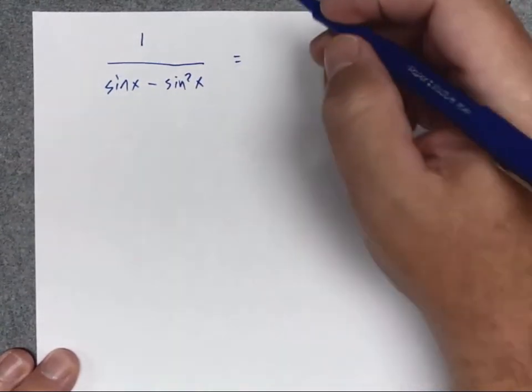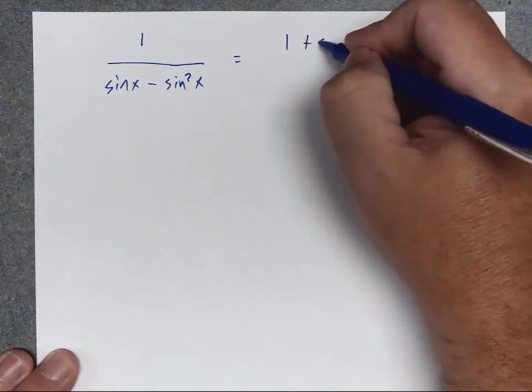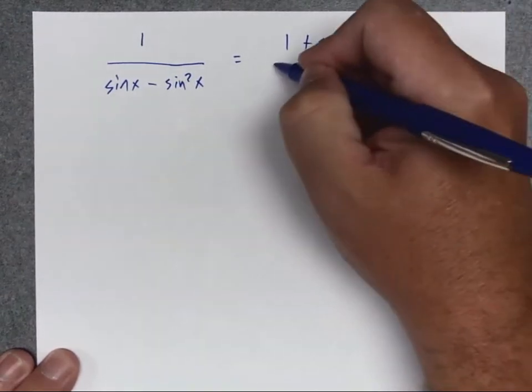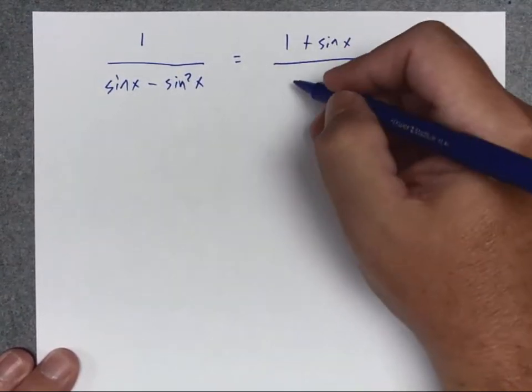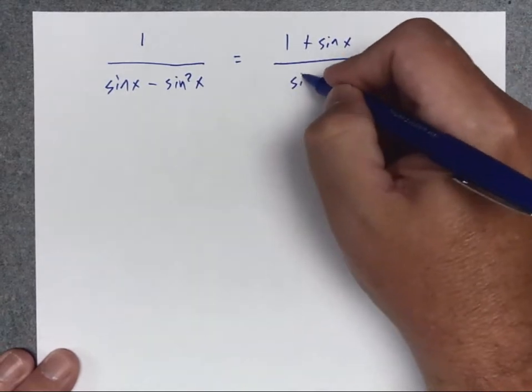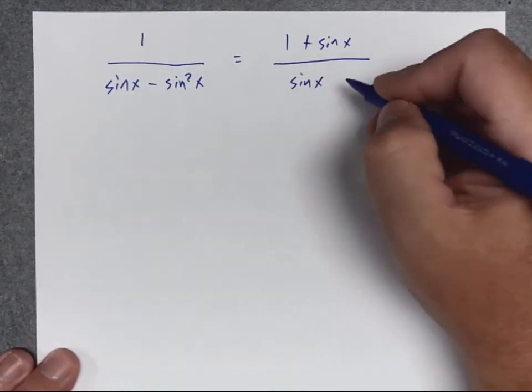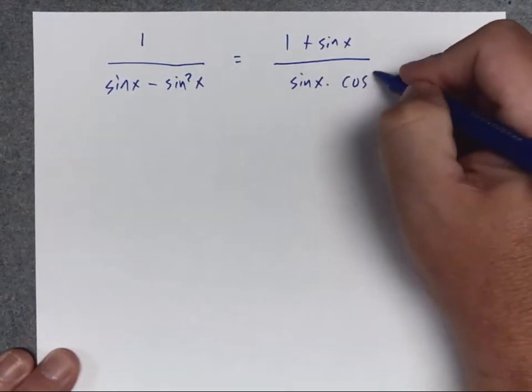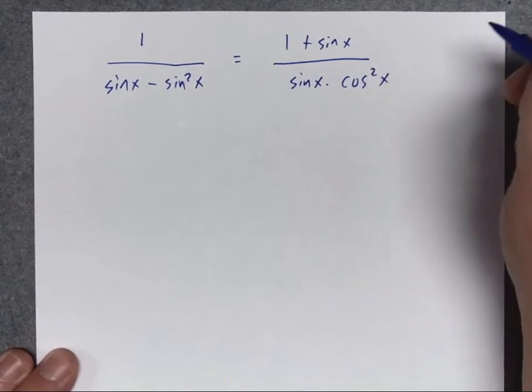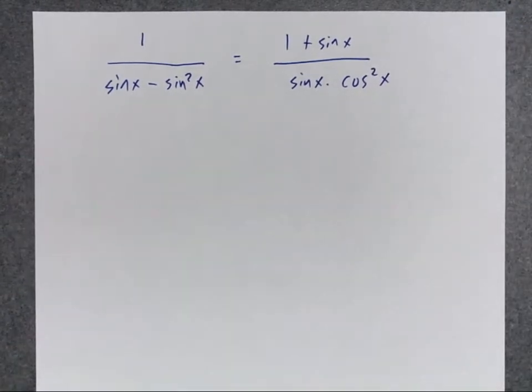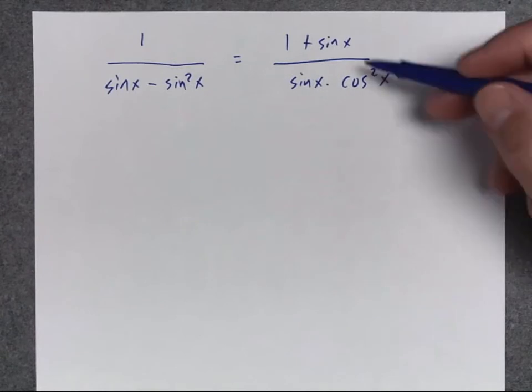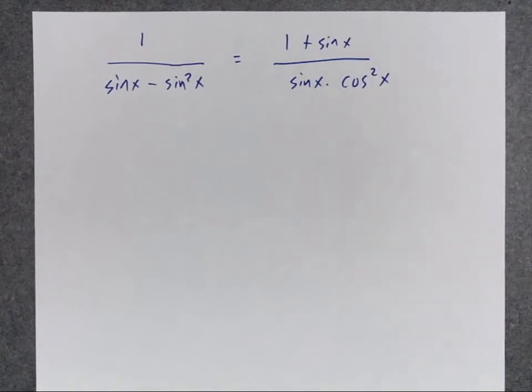But just remember, you have to work on both sides independently. You can't be moving stuff back and forth from side to side. So here actually is a pretty messy looking problem. And it's not even obvious.